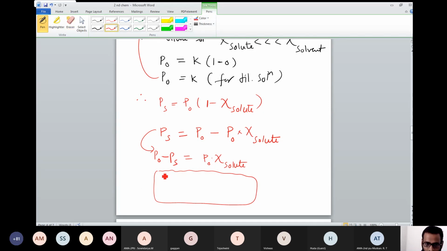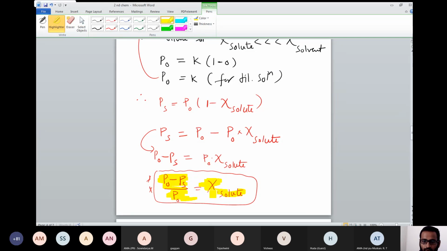P naught minus Ps by P naught is equal to mole fraction of solute. Please listen to this carefully. Please write this down, everyone. Very important thing. I'll stop now. Till here everybody must write notes.